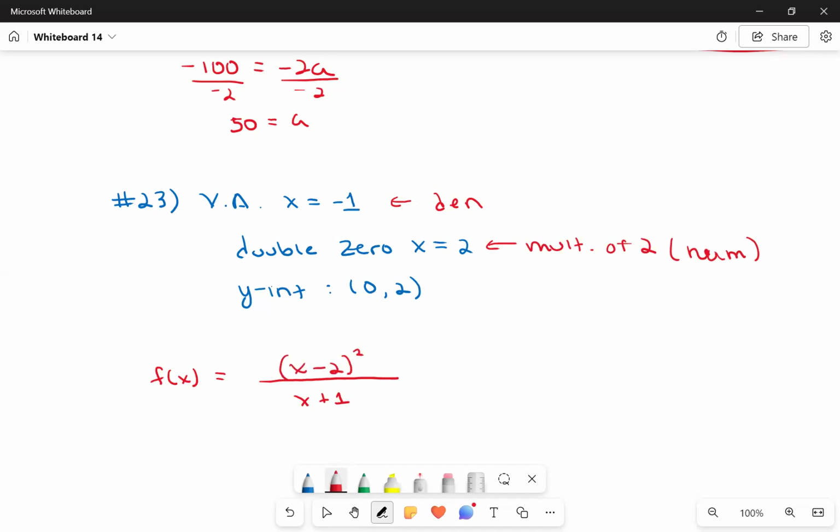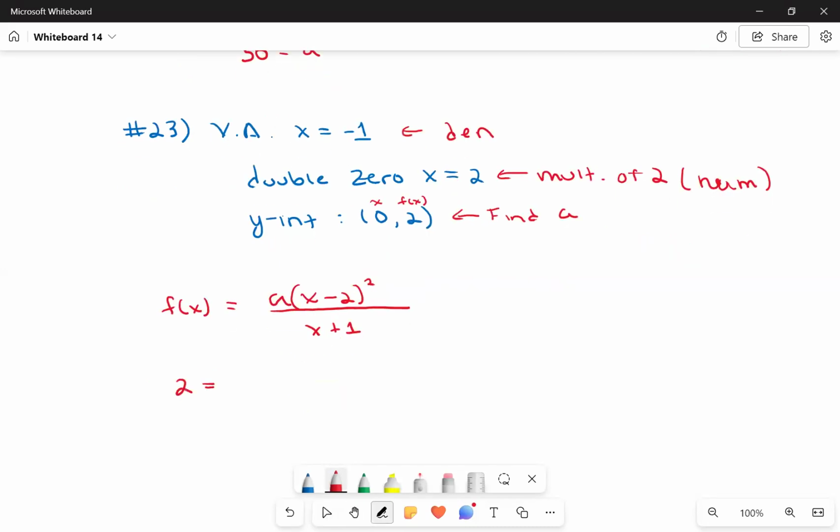Perfect. And then we potentially have a in front, and we'll find what a is using the y-intercept. So we'll plug in 0 for x, 2 for f of x. 2 equals a times 0 minus 2 squared over 0 plus 1. Now we're just going to solve for a.